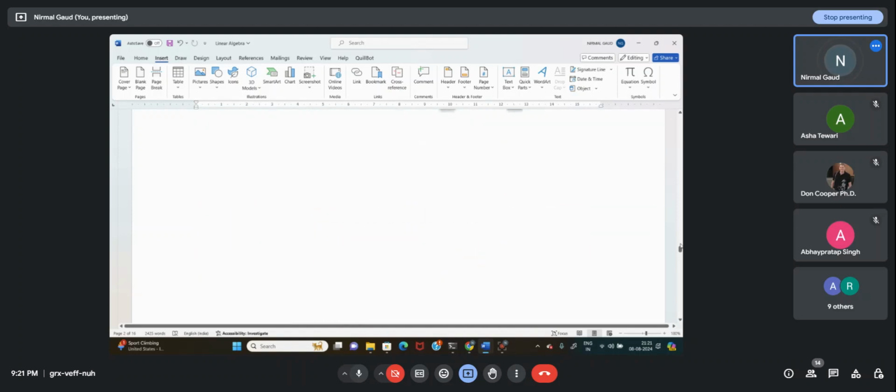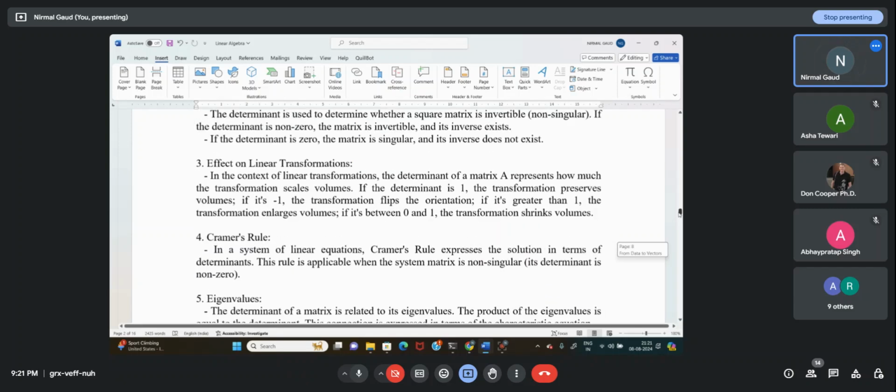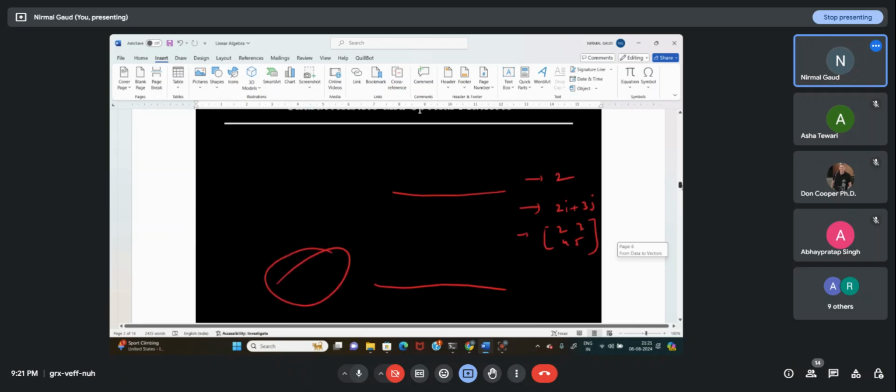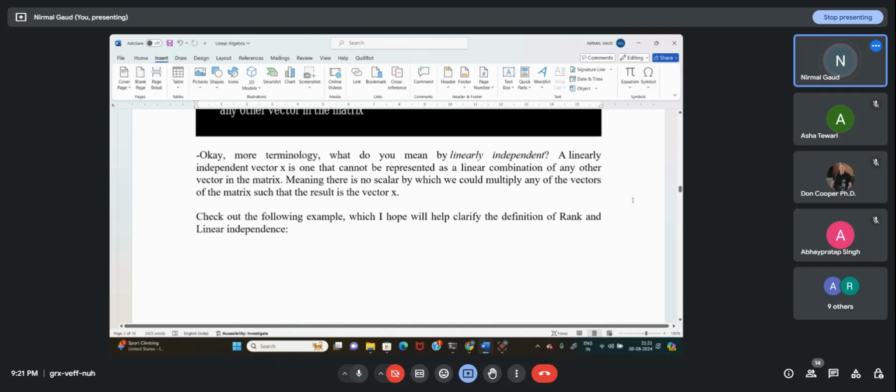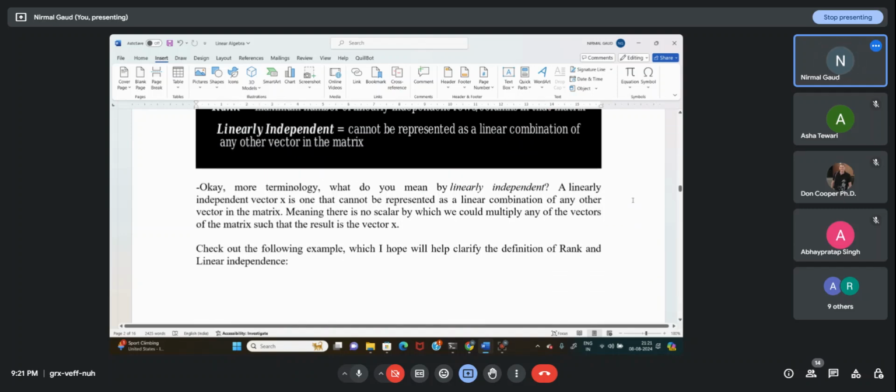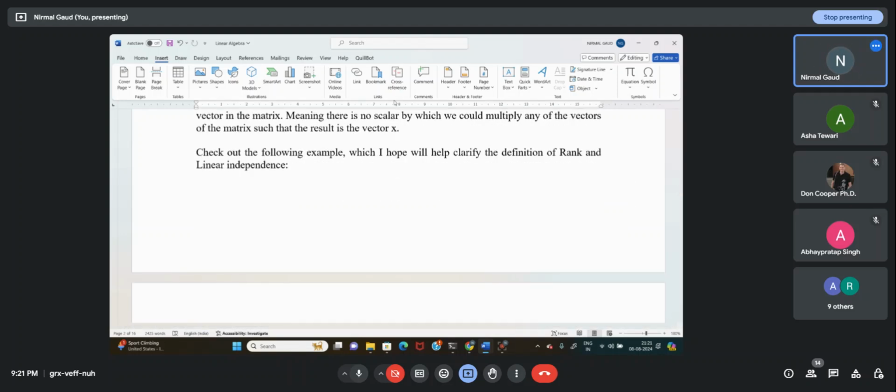Okay, fine. Now let's get back to your matrix topic. In matrices, it's told that you have to solve a system of linear equations. Why are we using matrices? To solve systems of linear equations.